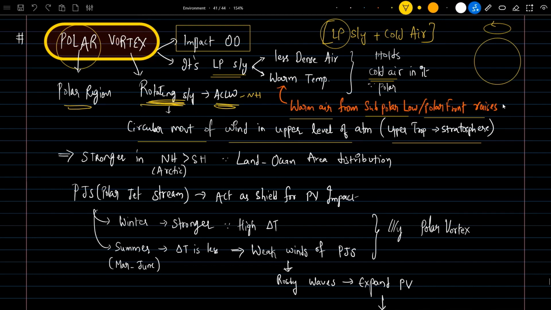To understand this, we need to go deeper into the pressure belts, Hadley cell, Ferrel cell, polar cell, which we'll discuss in geography. Understanding it will make more sense. As of now, remember that the warm air from the polar front rises to form a low pressure system, which is known as a polar vortex.